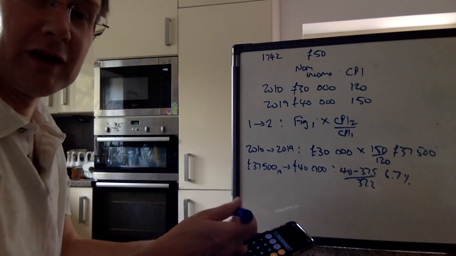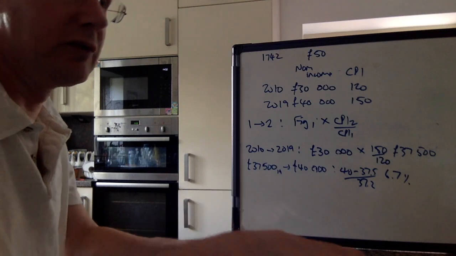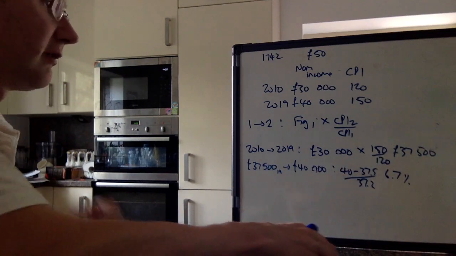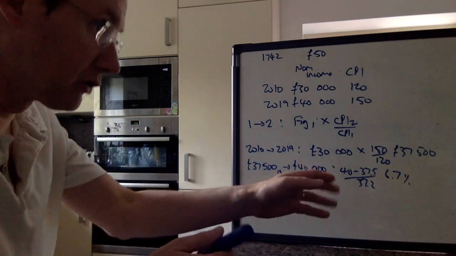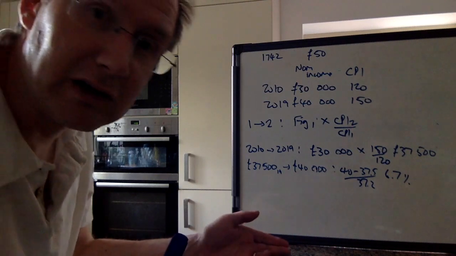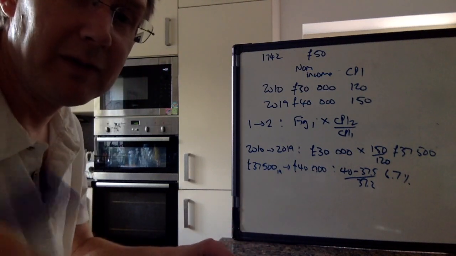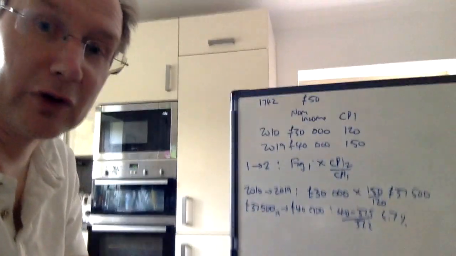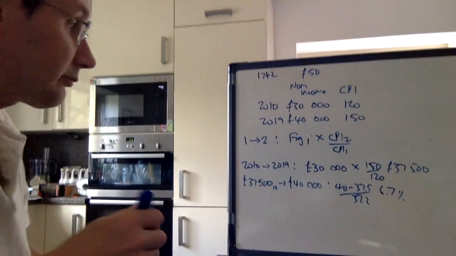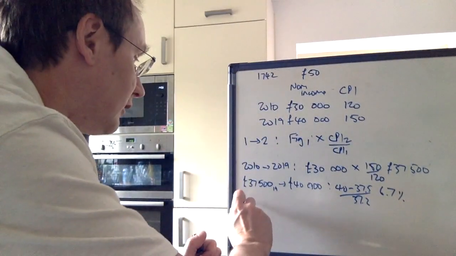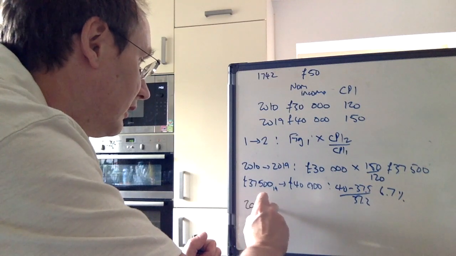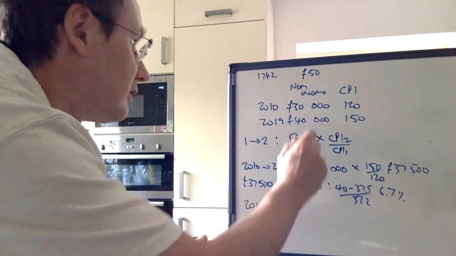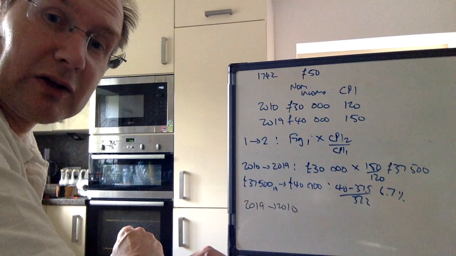Okay, I'll leave that there, because now I'm going to try doing it the other way, and it should give us the same percentage change, because it doesn't make any difference which year we change it into the prices of. So let's take the 2019 figure, today's salary, and turn it into 2010 prices.